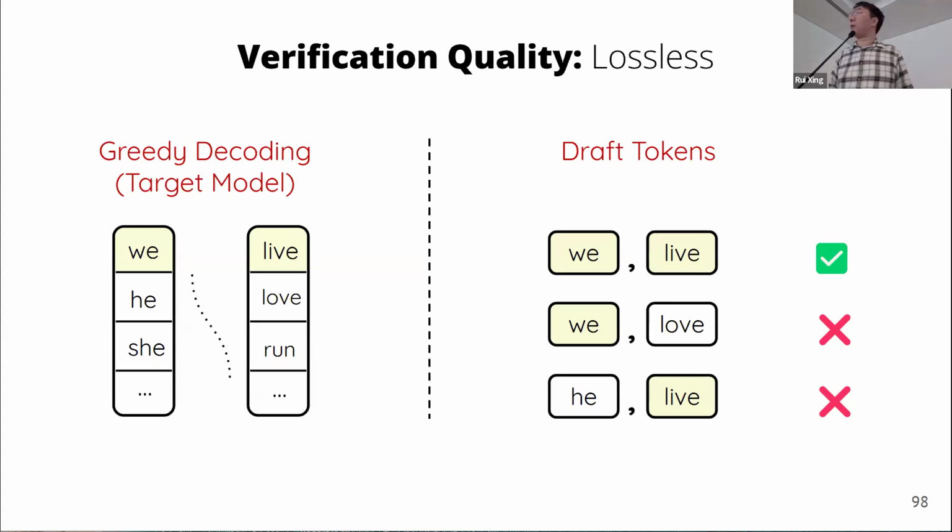But if you draft we love or he live, it will not be accepted by the target model. So this is lossless because we guarantee a unique output, equivalent to the greedy decoding result of the target model. This is a strict matching: you have to match the results, then you can be accepted. So usually it yields exactly the same result as the target model.